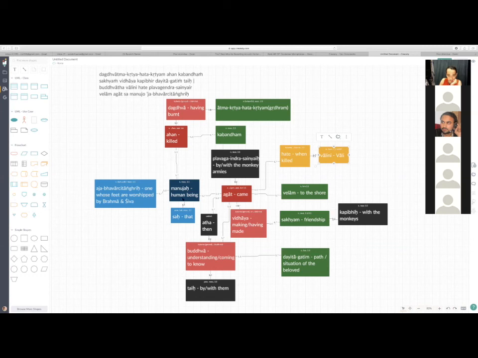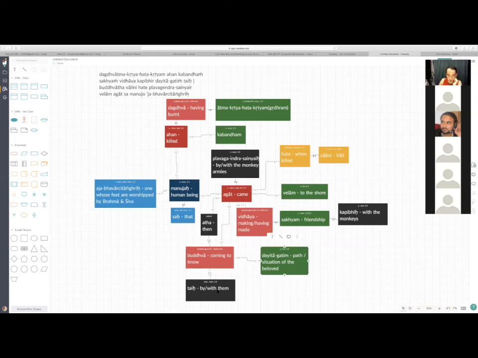That Manuja killed Kabandha, and came to the shore of the ocean, having previously made friendship with the monkeys, and then coming to know, with the help of them, the condition or path, situation, location, whatever, of his beloved.